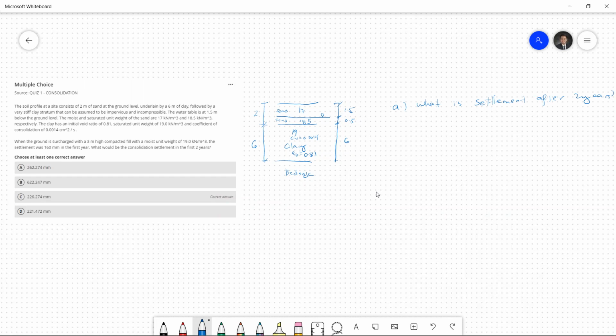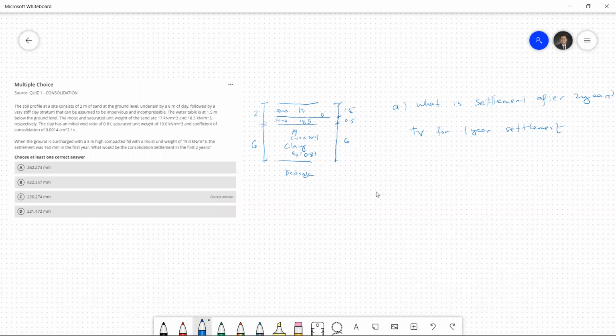Since we are given that in the first year we have 160 millimeters of settlement, therefore we need to find first the time factor for 1 year. What is the Tv for 1 year of settlement?